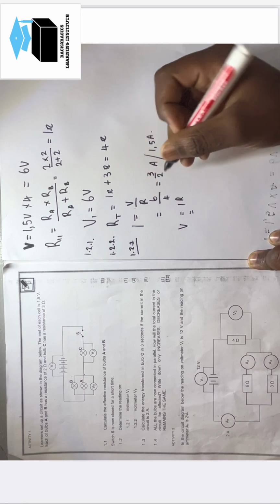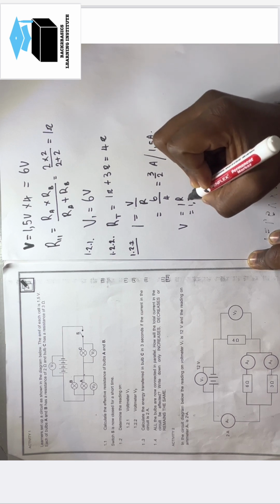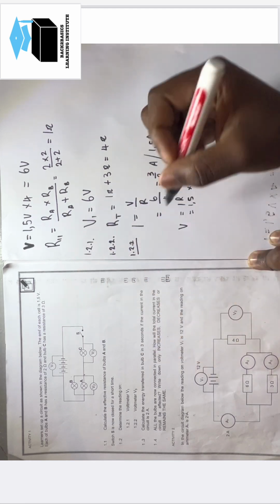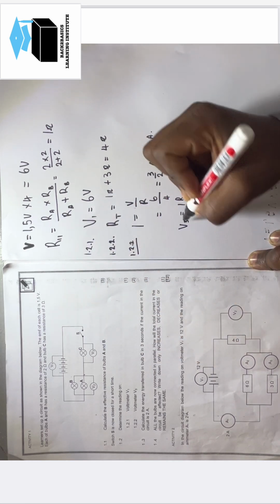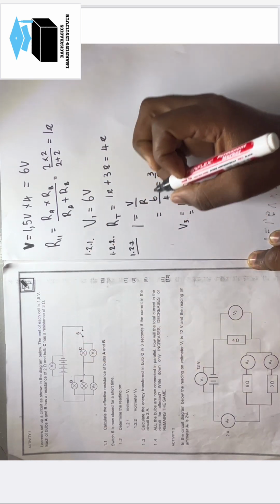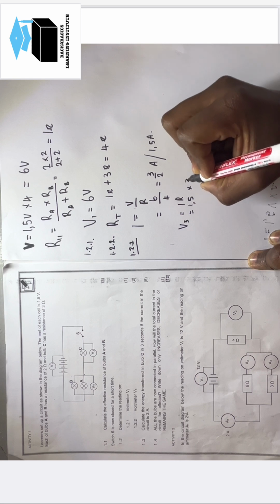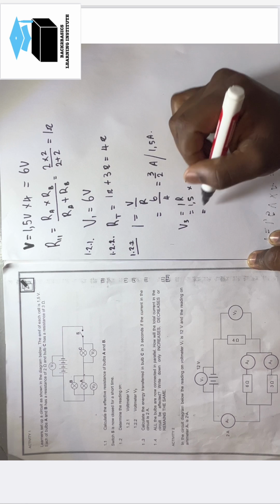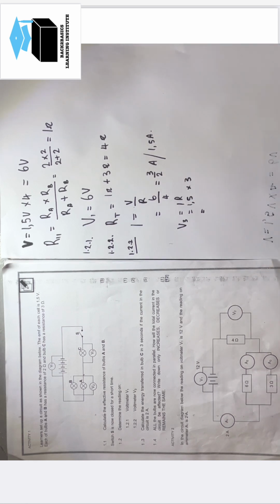What is your current? We said it's 1,5, multiplied by the resistance. Remember, we are looking for our V3, so we are going to use the C1 resistor only, which is 3. So the voltage is 1,5 multiplied by 3, which is the same as 4,5.